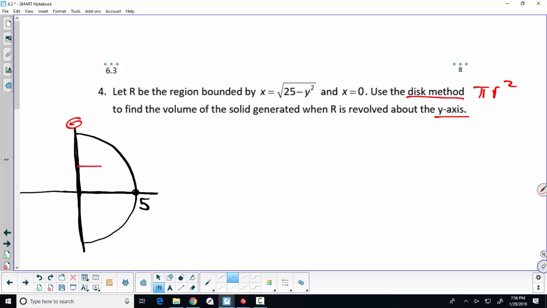Okay, since we're using disks around the y-axis, our disks are perpendicular to the axis of revolution. So here's, let's say, one of those rectangles. Consequently, that's also the radius of the circle that's generated when we revolve that around. The rectangles are our y's.